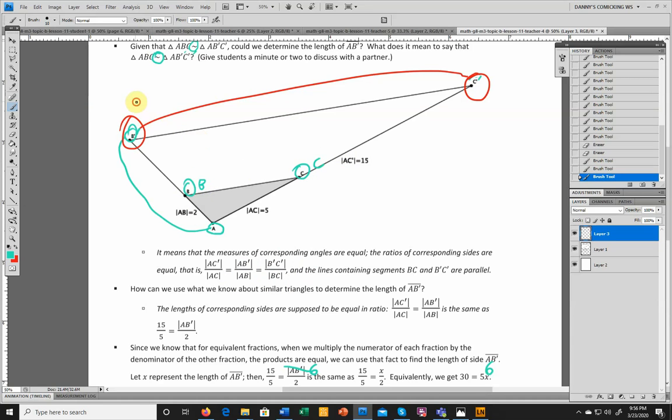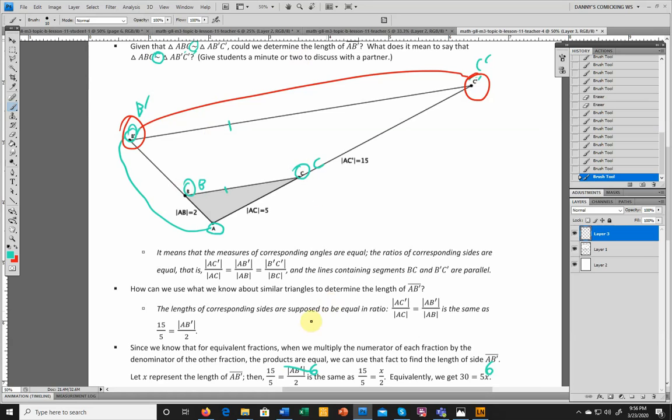And the lines containing BC and B prime C prime, these two lines, this one and this one, are parallel. You can see that.